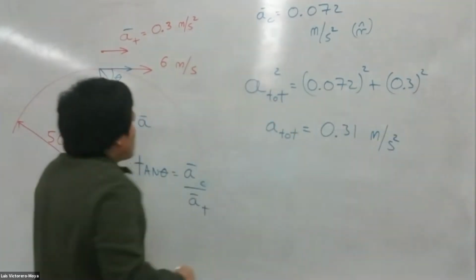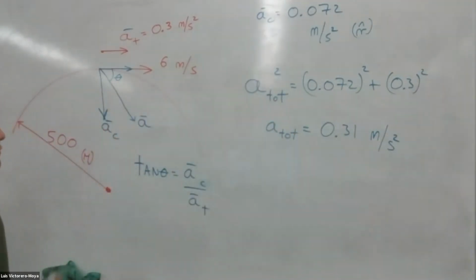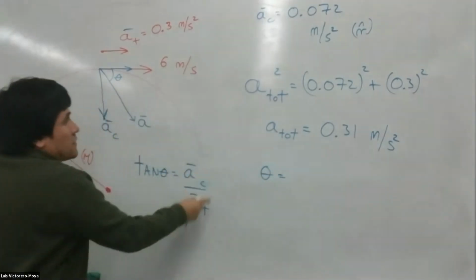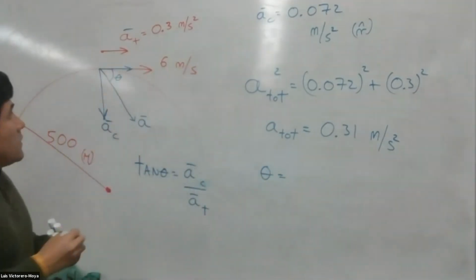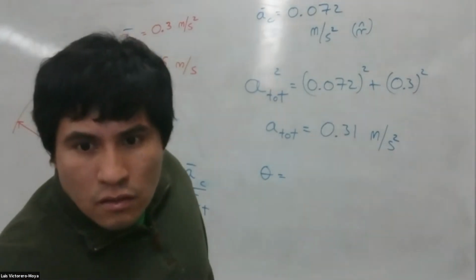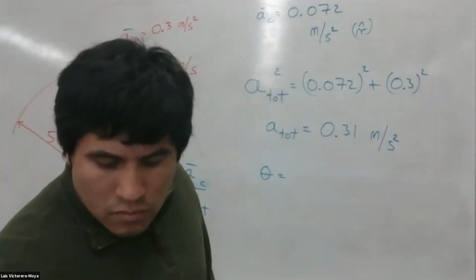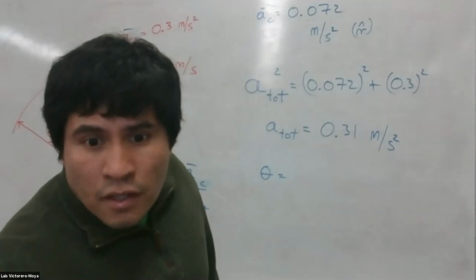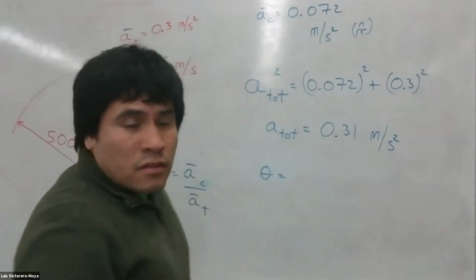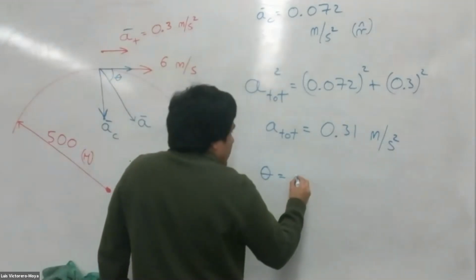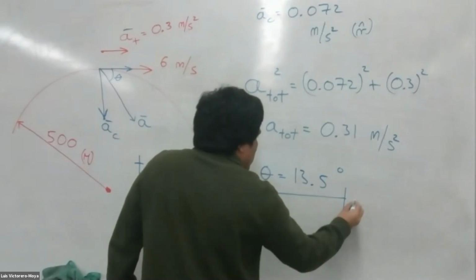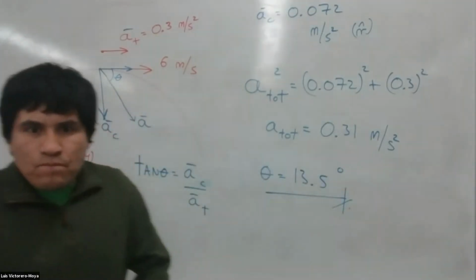It doesn't get affected too much by that. And then theta is the arctangent of AC over AT, and the arctangent is 13.4. Well, I got the answer, 13.4. They put negative in the answer because it's below the horizontal, but you get it, right?